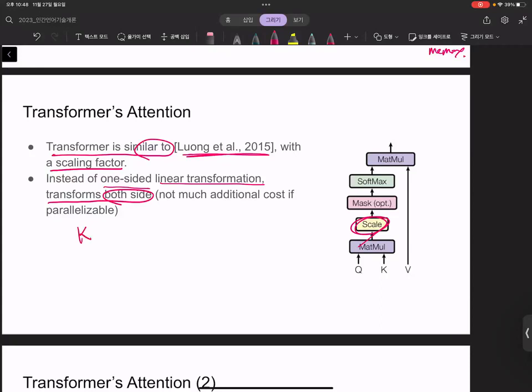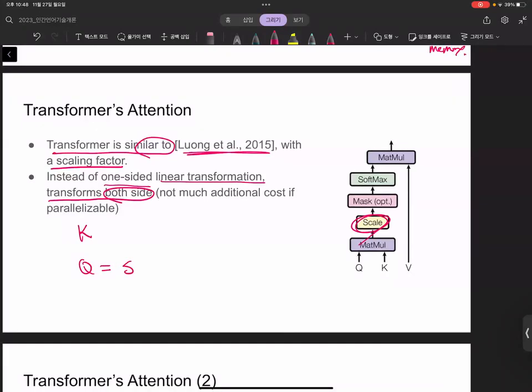So Q is S, W, S, K is H, W, H. So K Q transpose is H, WH, WS, no, S, WS transpose.